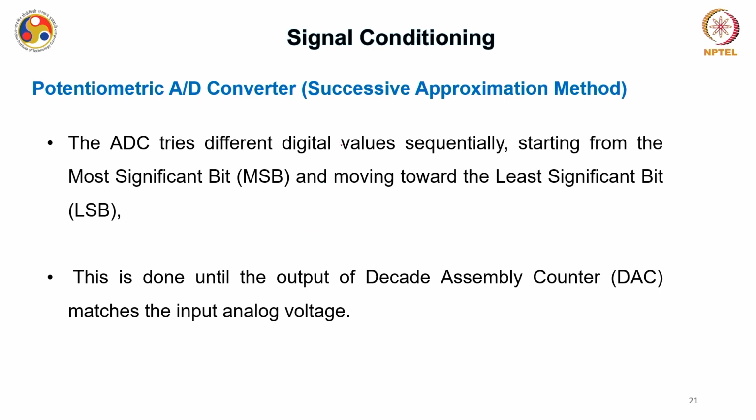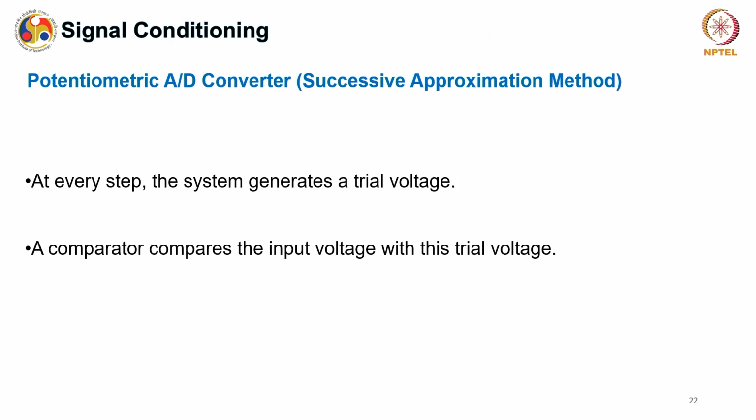Now this trying by the ADC is done until the output from a digital to analog converter, let me call it a DAC, matches the input analog voltage. Once this voltage matches the input analog voltage, this trying will be stopped by the ADC.